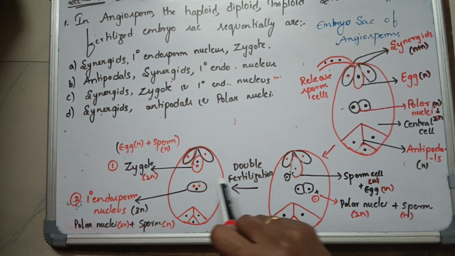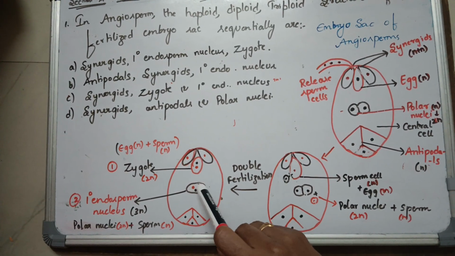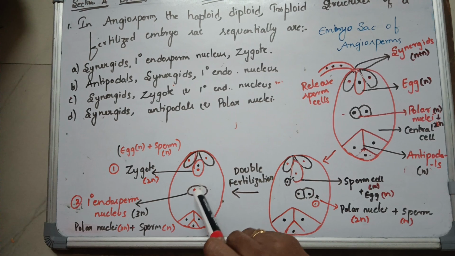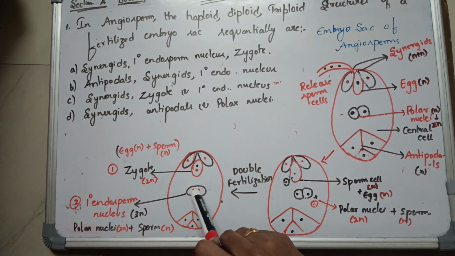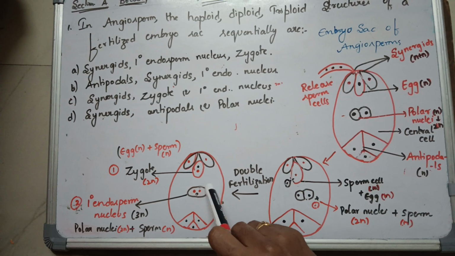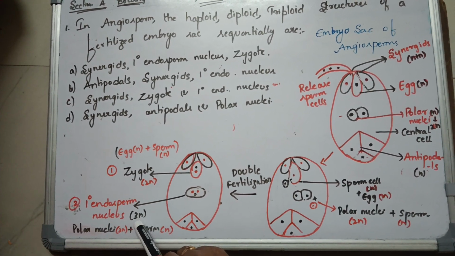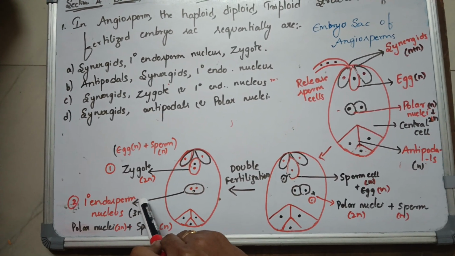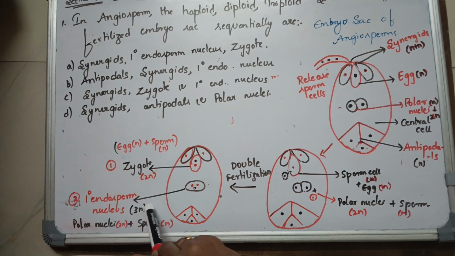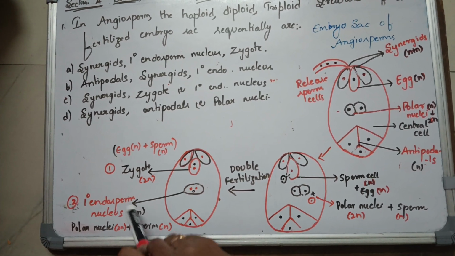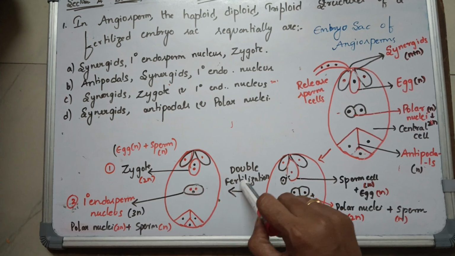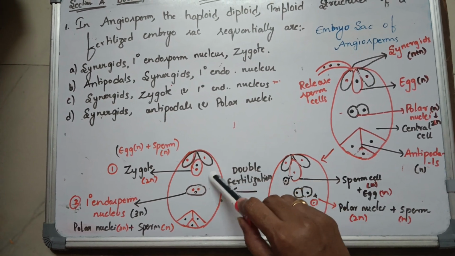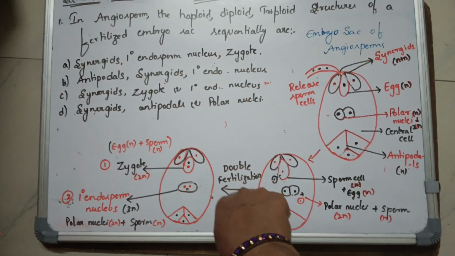It is triploid because we have two polar nuclei and one male nucleus, the sperm nucleus. These three combine to form the primary endosperm nucleus, which is 3n, triploid. Like this, two fertilizations occur in angiosperms, that's why it is known as double fertilization. So this is the process.